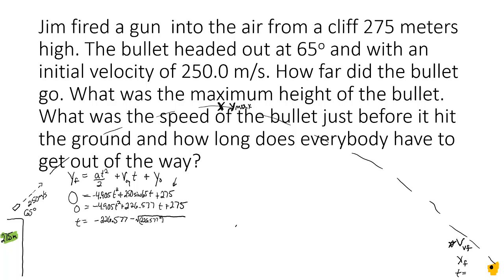So b squared minus 4 times a, which is negative 4.905, times c, which is 275, all over negative 9.81.